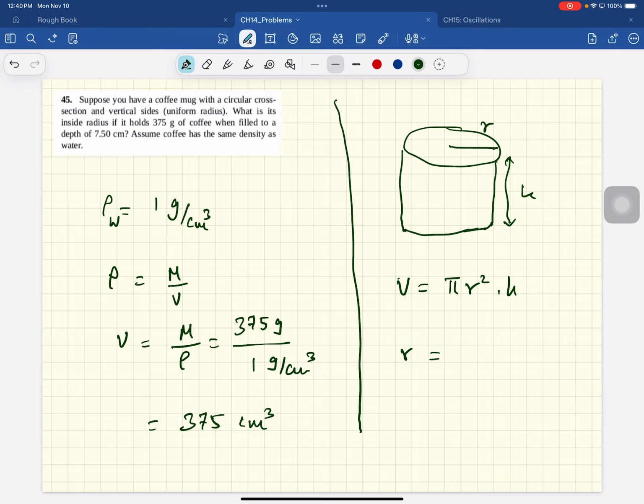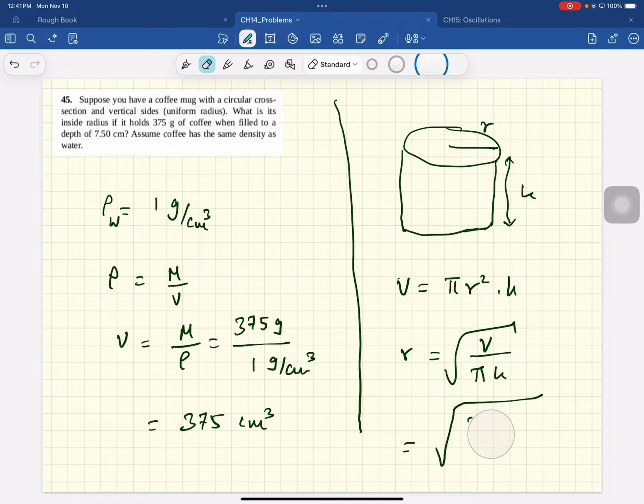So the radius of the cup is the square root of volume over pi h. The volume is 375 centimeter cube.